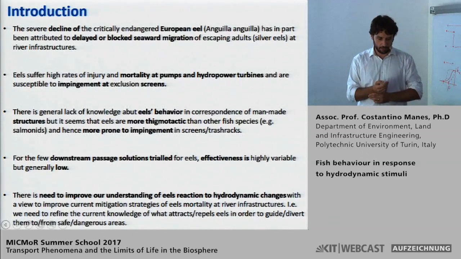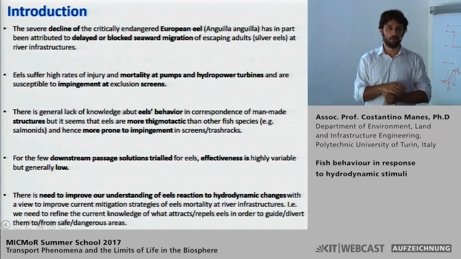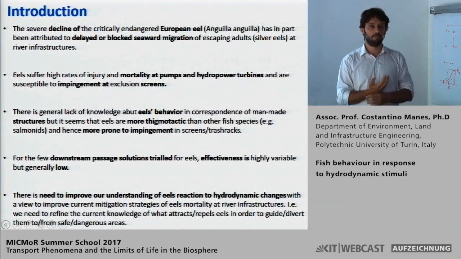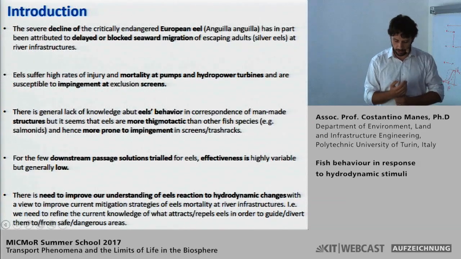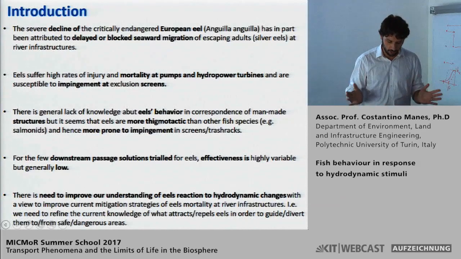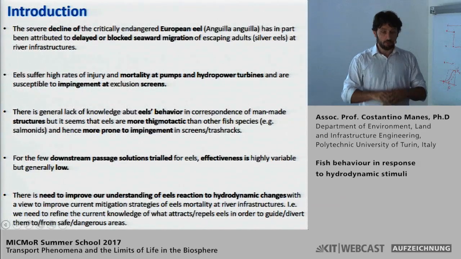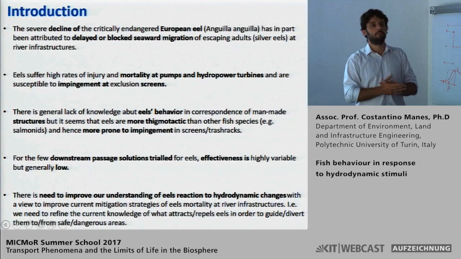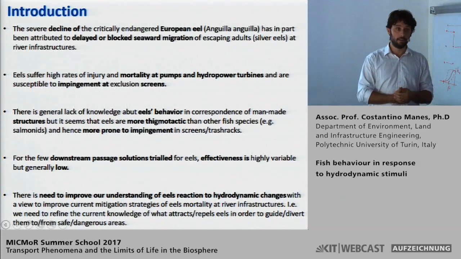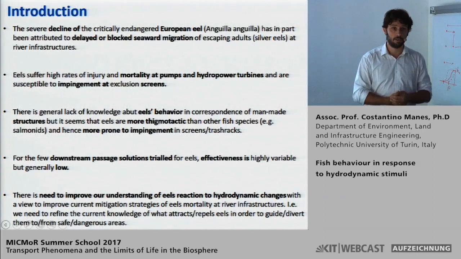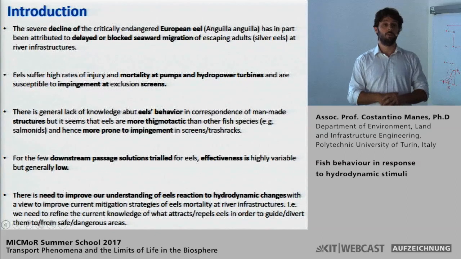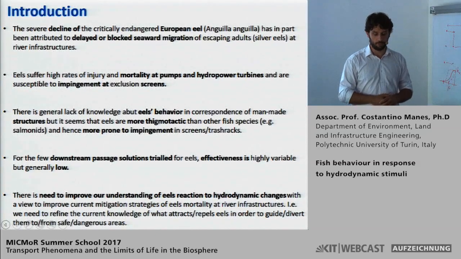Generally, all the downstream passage solutions that are tried worldwide have variable efficiency, effectiveness, but in general it is low. And so this is an emergency. We need to understand how eels actually behave in correspondence of these structures, so that we can design these structures in a way that is friendly for eels.